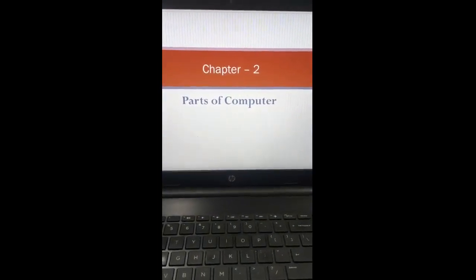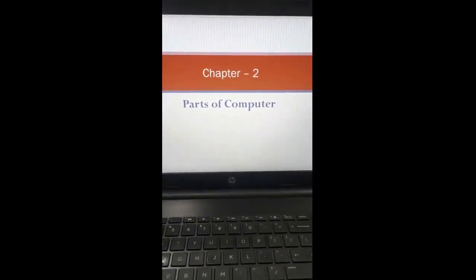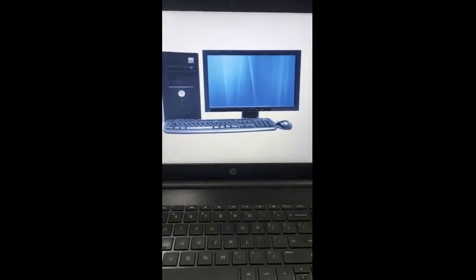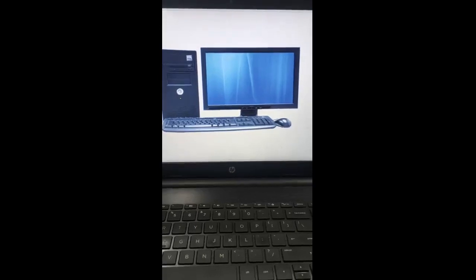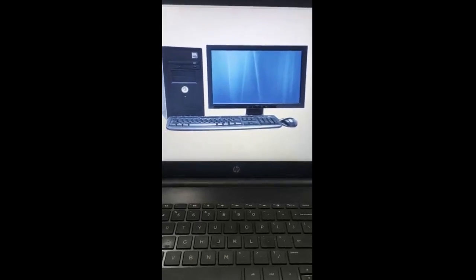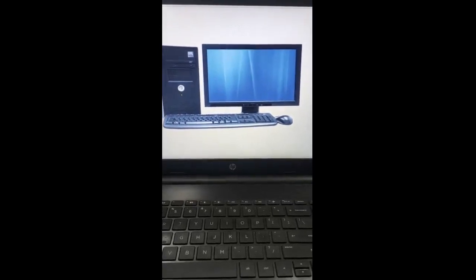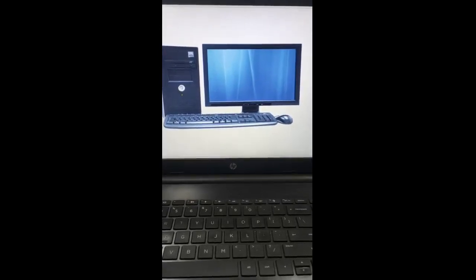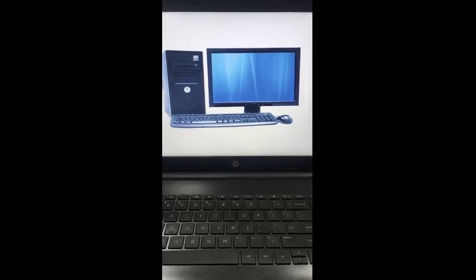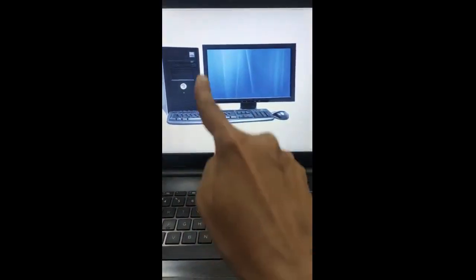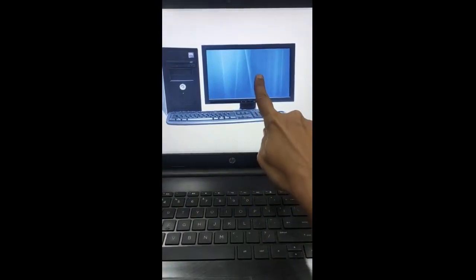Similarly, dear children, everywhere in our day-to-day life we observe different parts, different things in our surroundings. I showed you this picture, dear children, previously. Do you know this picture? Yes. What is it? It is a computer system. It is an electronic machine. It makes our work easier and fast. We can work fast with it. Can you see, dear children? This computer which I am showing you right now has 4 things.